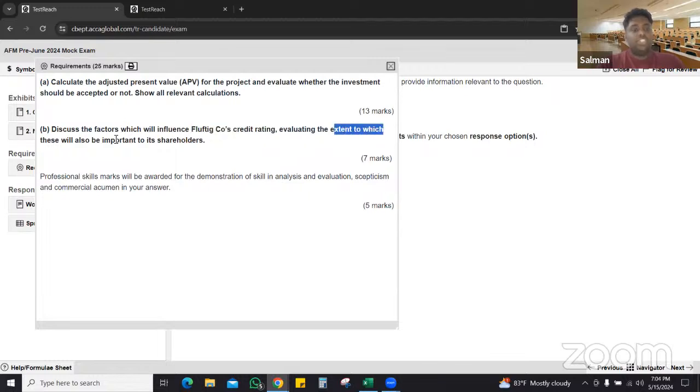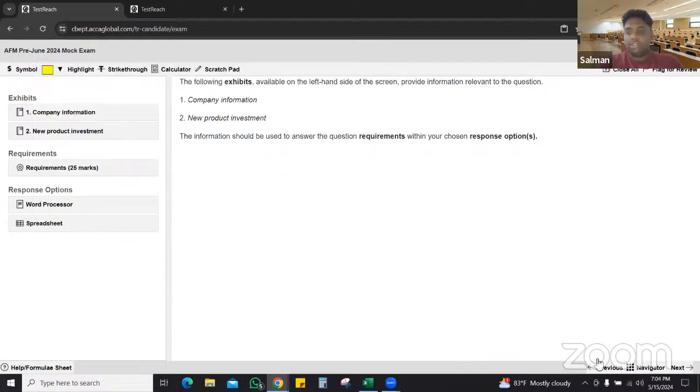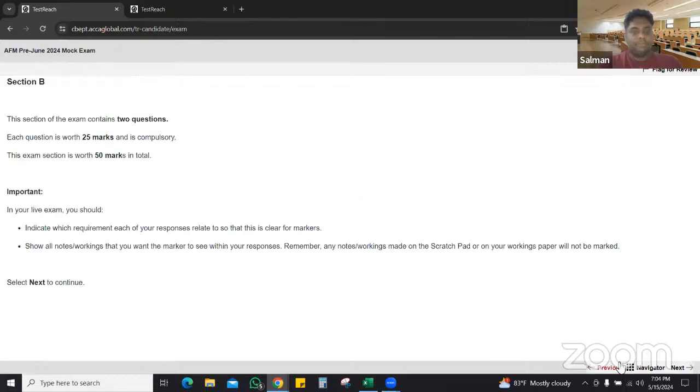Evaluate the extent to which these will also be important to shareholders. Those factors and their importance to shareholders: profitability, payment on time, their previous transaction processes, their bank balance, assets, all of this can be discussed. Take a look at the suggested answers for an in-depth understanding of the theory.